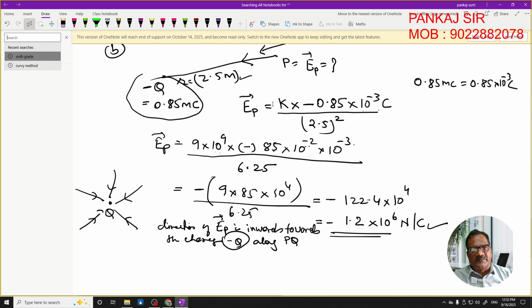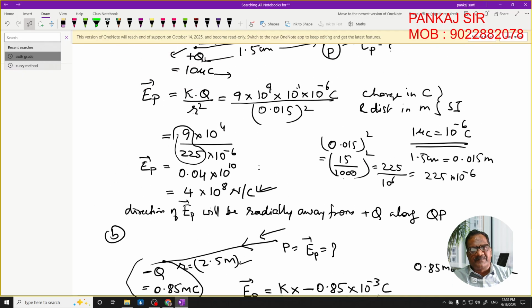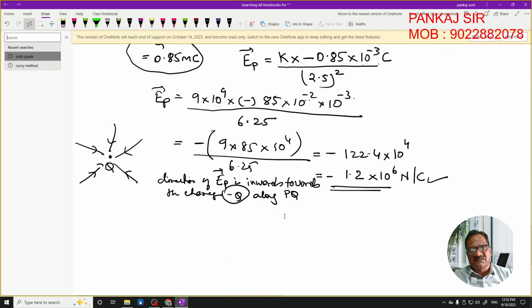So for the B part, you have the answer as negative 1.2 into 10 raised to 6 Newton per coulomb. And direction for this particular electric field strength will be inwards. Direction for the A part of the question will be radially outwards or radially away from the charge. Here it was radially inward towards the charge.